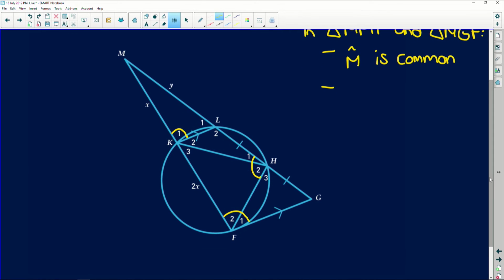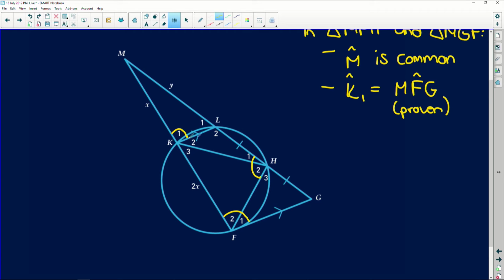So firstly, we need to say K1 is equal to MFG. This angle here is equal to this angle here. And you can simply say proven, because it was proven in question 1.